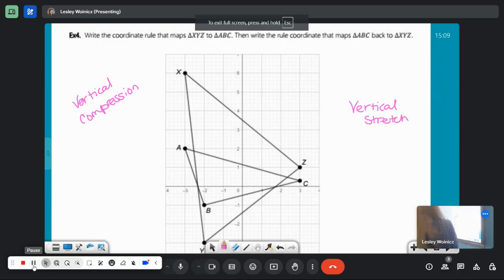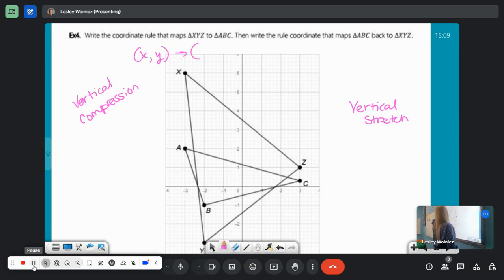What did you guys say for the vertical compression? (x, y) maps to? Good, (x, 1/3 y). Do we need to talk about how we got the 1/3? So I count from my x-axis.